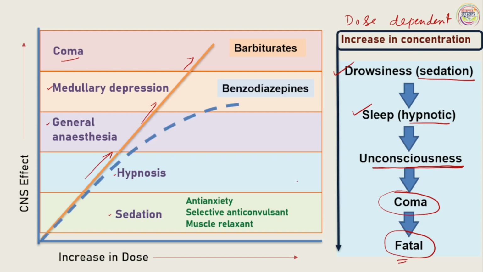While the benzodiazepine is relatively safer than the barbiturate. In this case, after sedation it produces the hypnosis effect, and if we increase the dose, it also causes general anesthesia, but only with a further increase in the dose will it cause medullary depression.